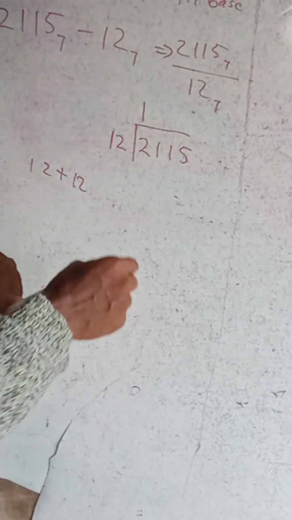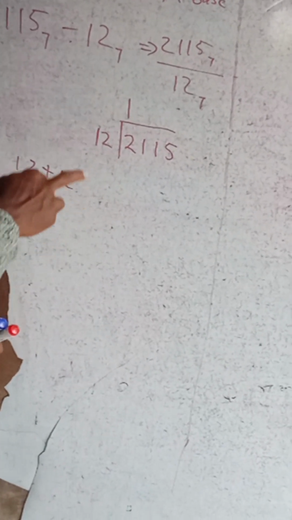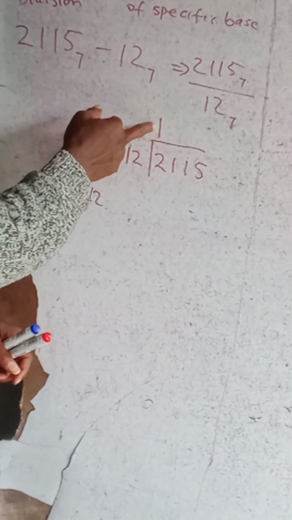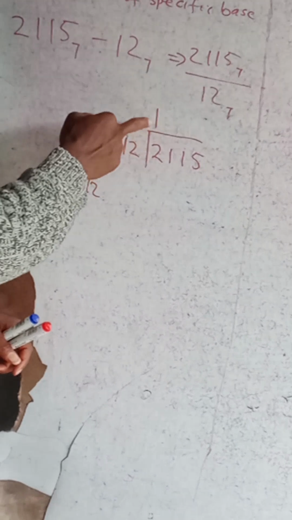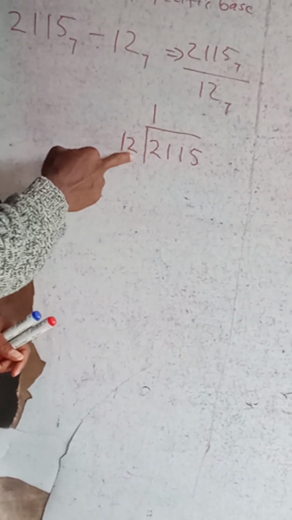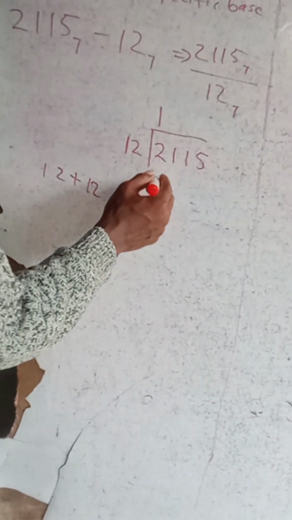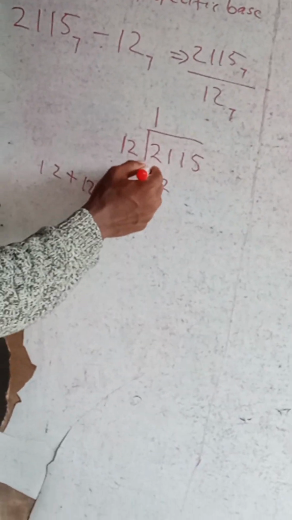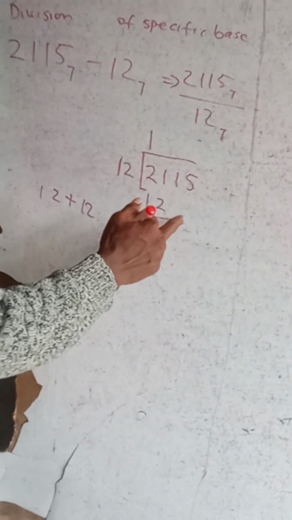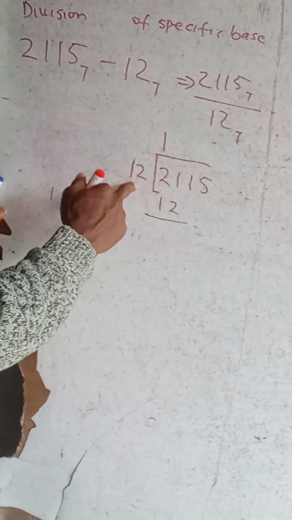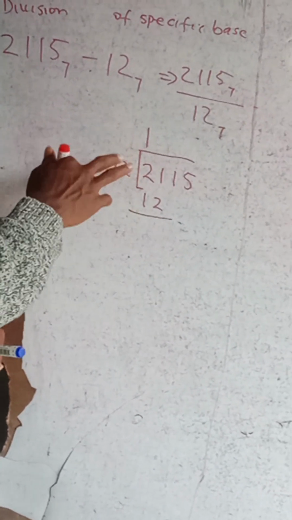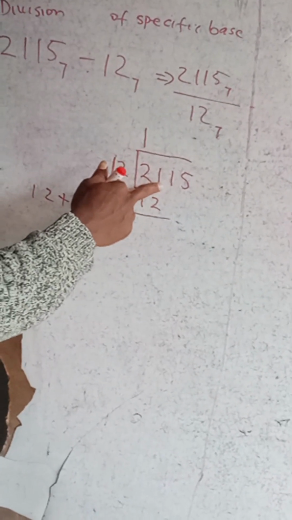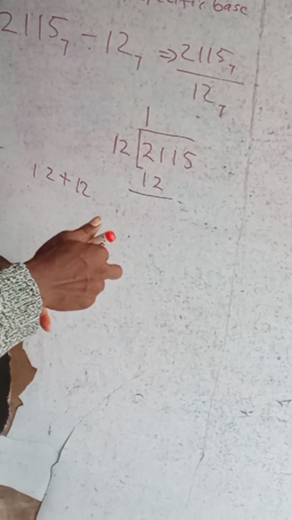Now I told us that whenever you get an answer here, use it to multiply this. 1 times 12 is still going to give you 12. And then you subtract. Here we are still doing it under base 7. So 1 minus 2, it cannot.